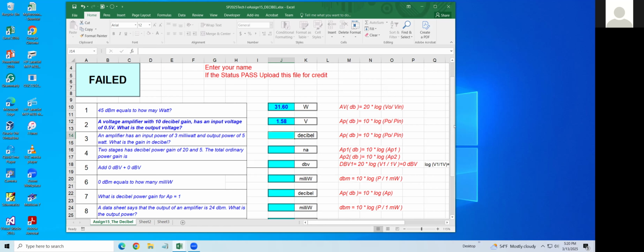And number 3. Number 3 is 7.78. Mean number 3?